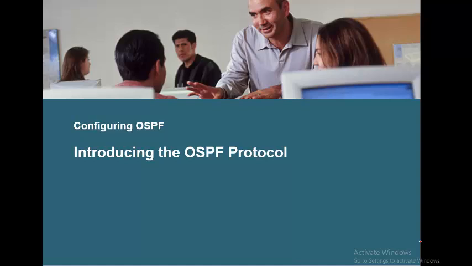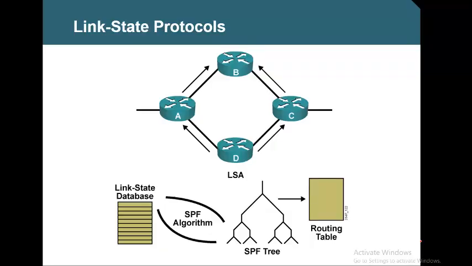There is no vendor specific part. This does not belong to a vendor. This is an open standard, an industry standard. Every networking device will support this. And this protocol comes under a type called link state.